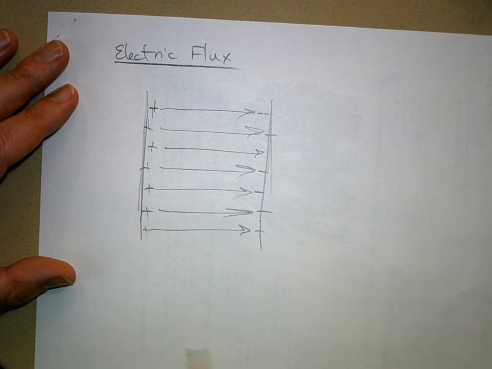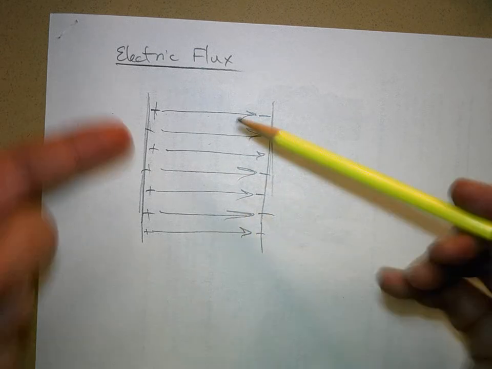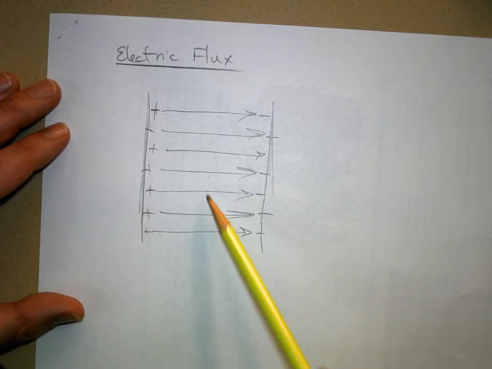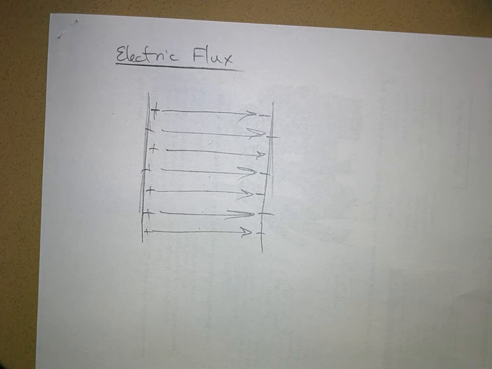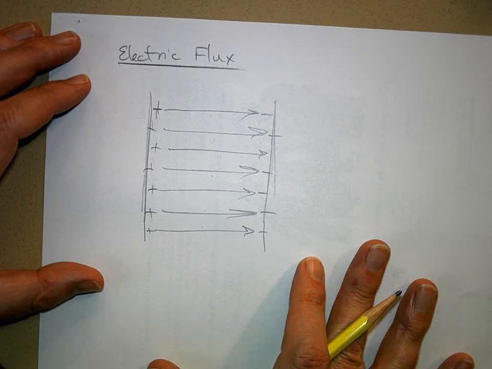Now, how do I quantify the number of field lines? I mean, it's silly to just count: oh, there's 1, 2, 3, 4, 5, 6, 7 lines of flux. There's 7 fluxes. Careful how you say that. All right, no. So we do have a definite way of measuring electric field.